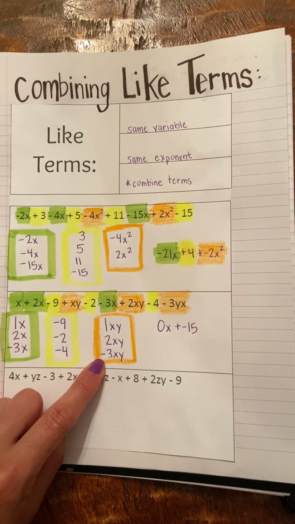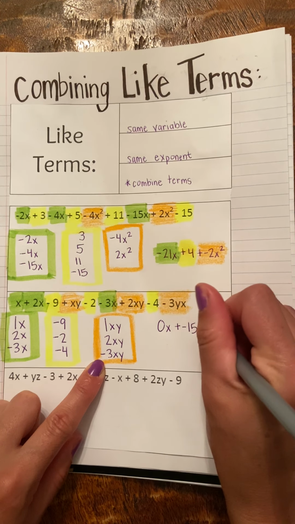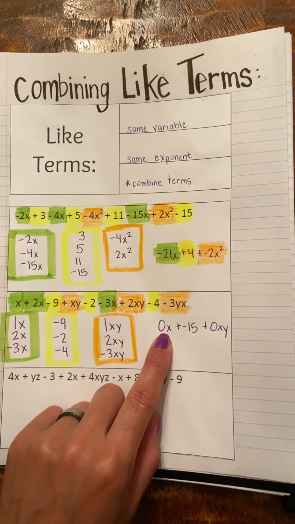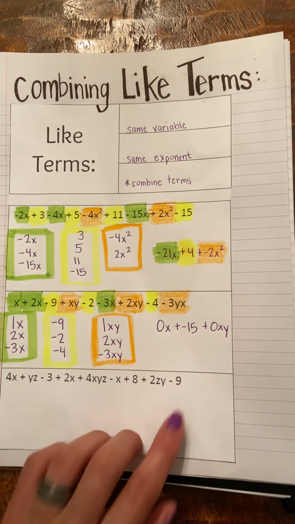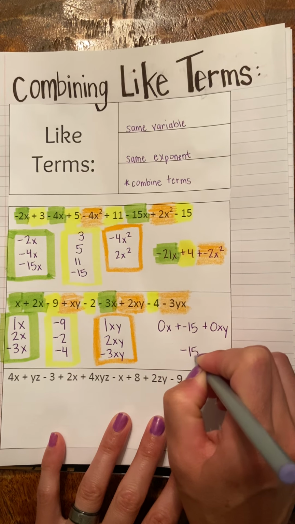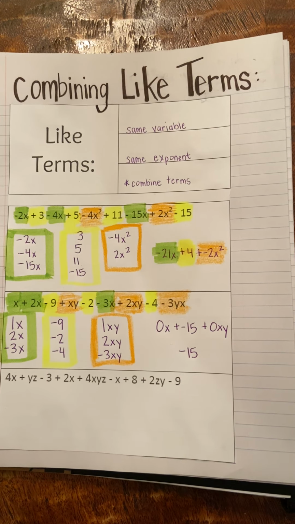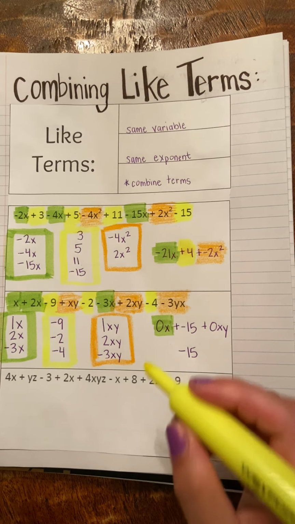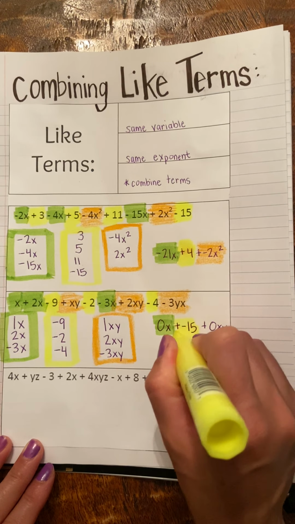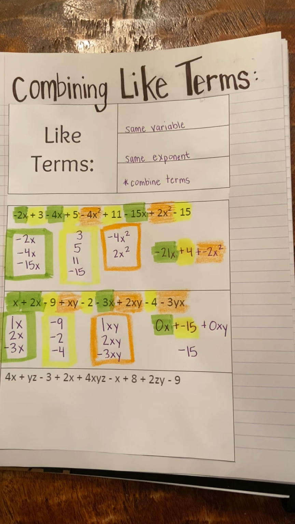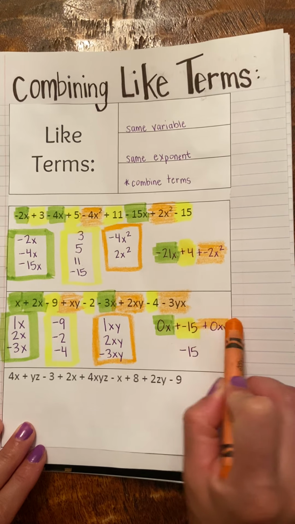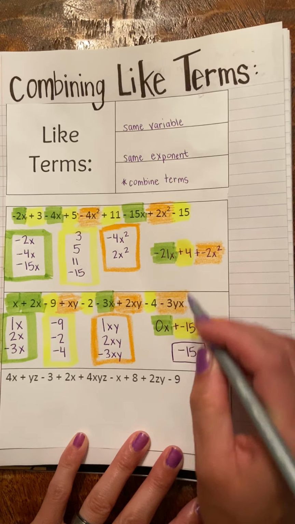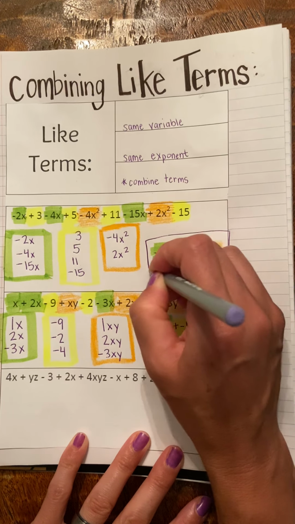Again, a negative 3. Okay, so we have 0xy as well. So plus 0xy. And anything times 0 is 0. So the answer actually is going to be negative 15. But we want to make sure we write this out so that we know we did all of the work. But our answer is actually this. So this is our answer.